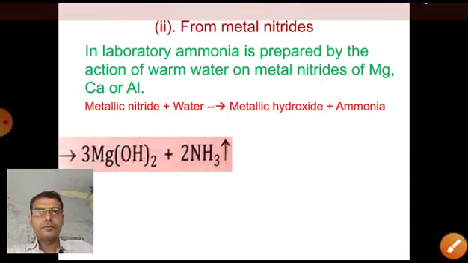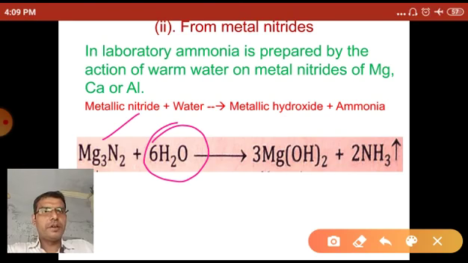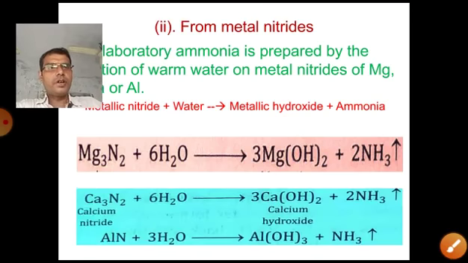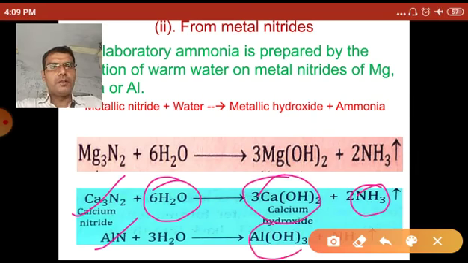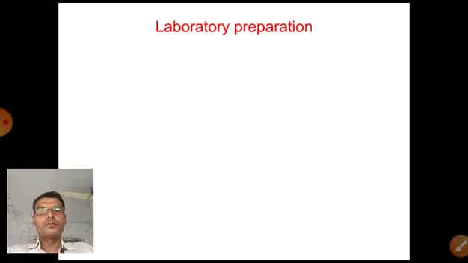Similarly, calcium nitride and aluminum nitride react with warm water and produce calcium hydroxide and ammonia, and aluminum hydroxide and ammonia.